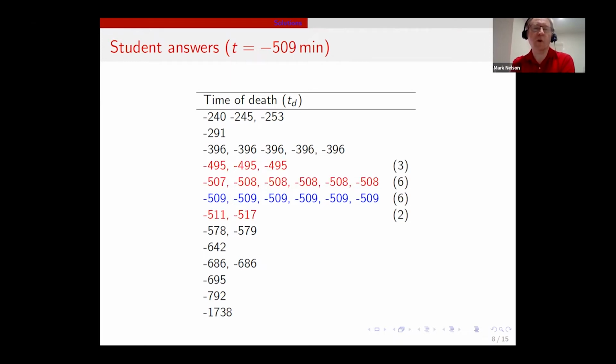The ones in red are students who got an answer that's within the standard deviation of the correct answer. So on that count, exactly half of the students got an answer that was within the standard deviation of the correct answer, but half of the students have made predictions that are woefully incorrect.